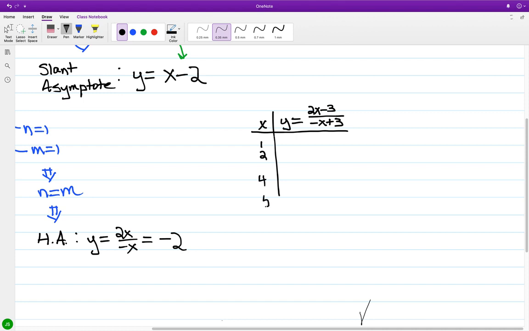4, and 5. So in this particular case, for x equal to 1, we have 2 times 1 is 2, minus 3, so we have negative 1. And the denominator is negative 1 plus 3, so in this case we have y at negative 1/2.